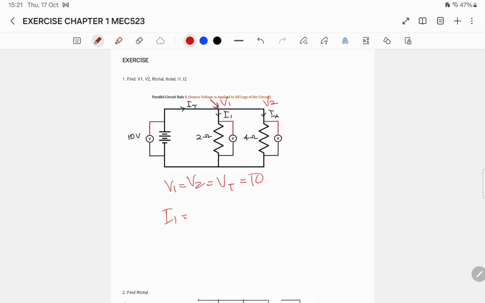I1 equal to V1 over R1. Ni R1. Here is R2. I2 V2 over R2. Ni apa? V1, V2, R total berapa?